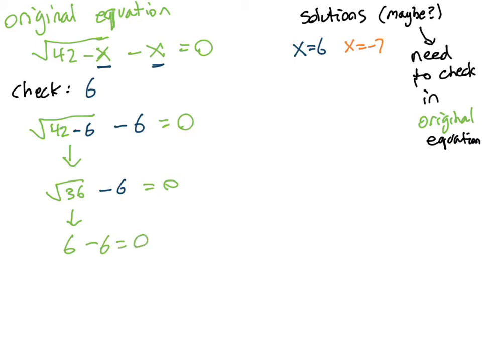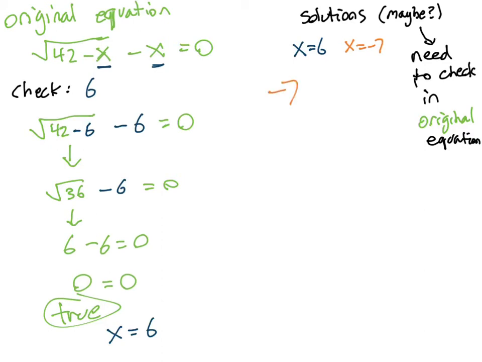So both sides of our equation say that they are equal to 0. So that is true. So 6 is a valid solution. And we will say that x does indeed equal 6. And it's possible that x could also equal negative 7, but we need to check to make sure.